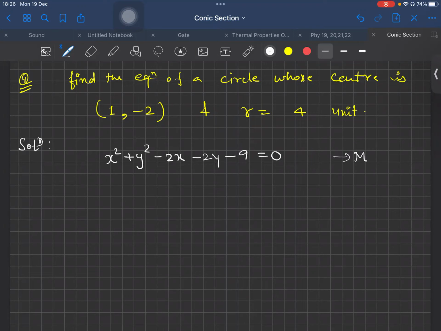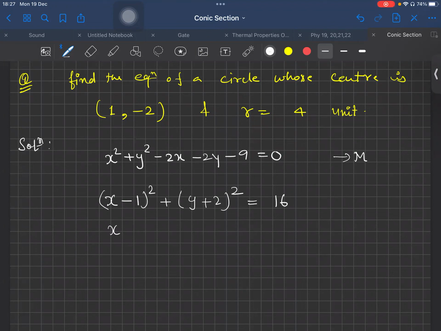So this is Murli's answer. Anyone else? Okay. So (x minus 1) whole square plus (y minus minus 2), so this will be (y plus 2) square is equal to r square. r is how much? 4. So 4 square is how much? 16. Right?